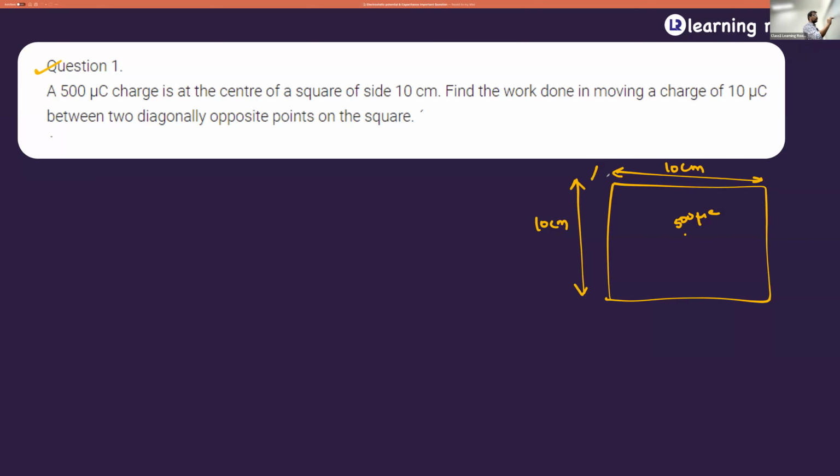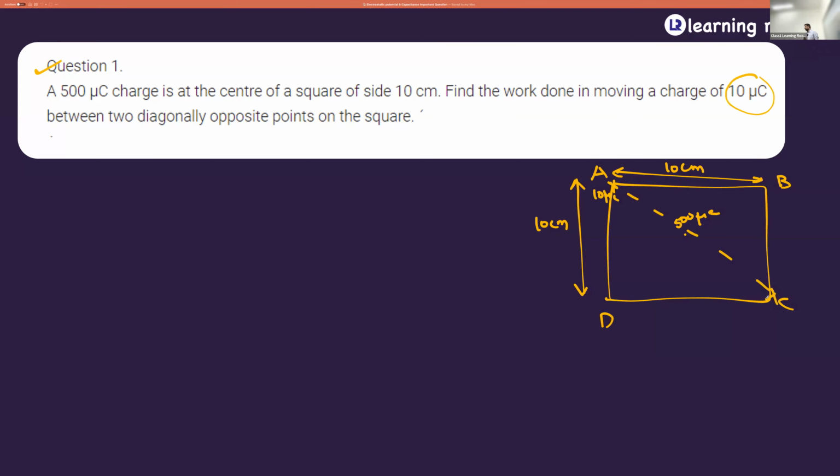So if I take the corners of the square as ABCD, there would have been potential developed across all the corners. Am I right? Now, what is the amount of work that we need to do to move a 10 microcoulomb charge, right, between two diagonally opposite points of a square? So I need to move the charge of 10 microcoulomb from A to C.